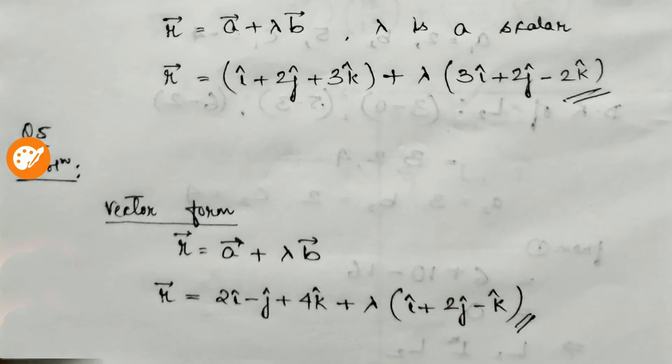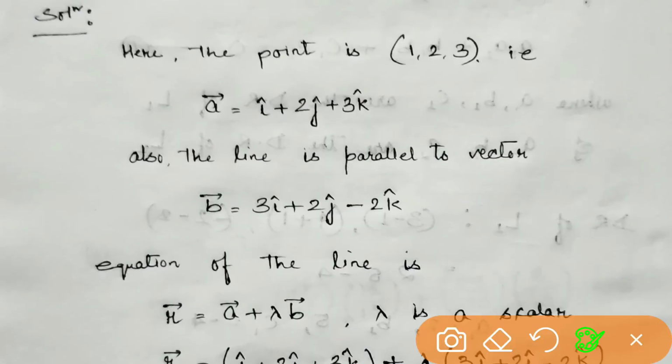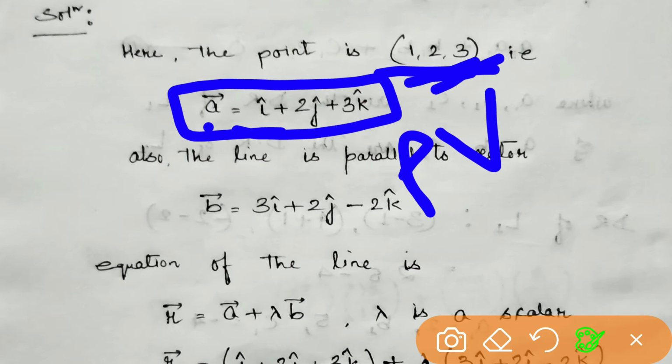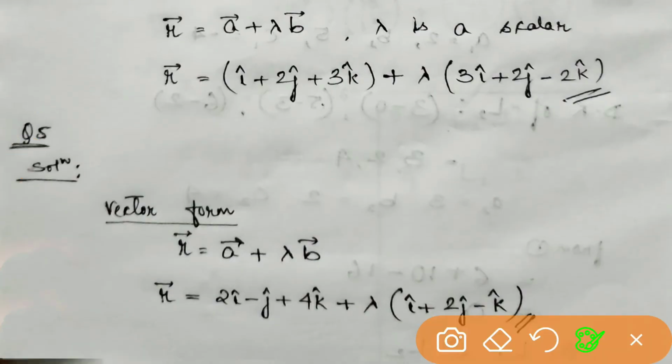Now you look at the previous problem here. When I'm given a point and when I find this vector, what do you think this vector is? This vector is the position vector of this point. Yes, because we measure it from the origin. 1 minus 0 i cap plus 2 minus 0 j cap plus 3 minus 0 k cap, right?